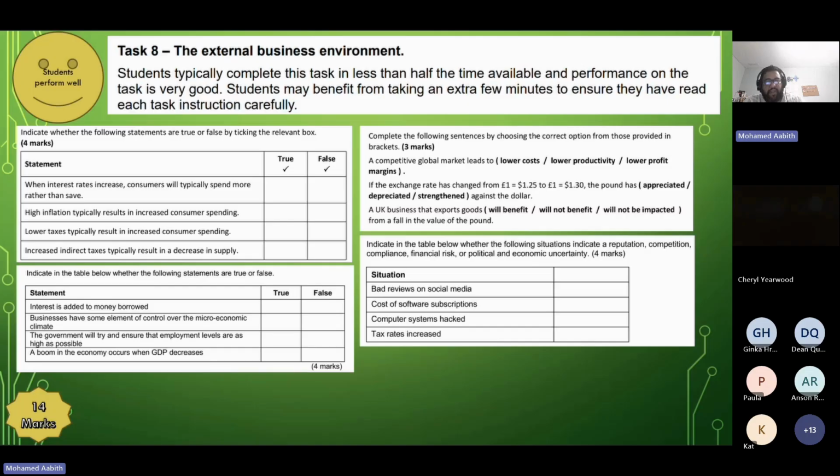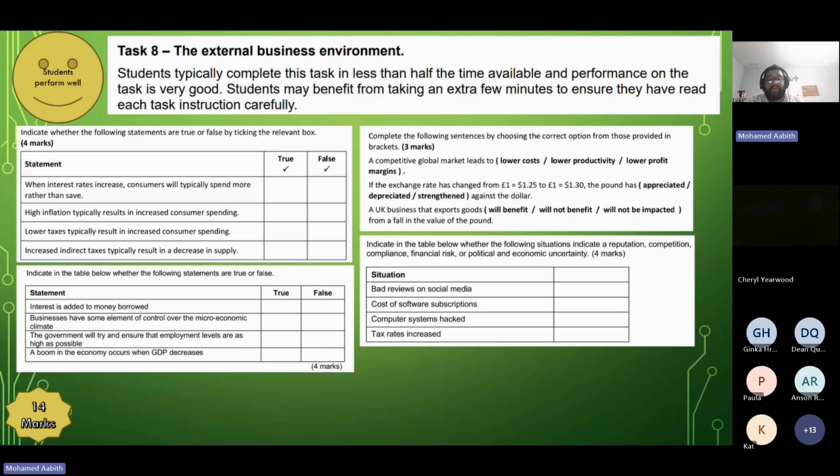Which one is what? Bad reviews on social media. If I had a bad experience eating out and I'm not happy with their food, I'm going to put a message on Facebook trashing that establishment. That's a reputational risk, isn't it? Because their name is being slandered.